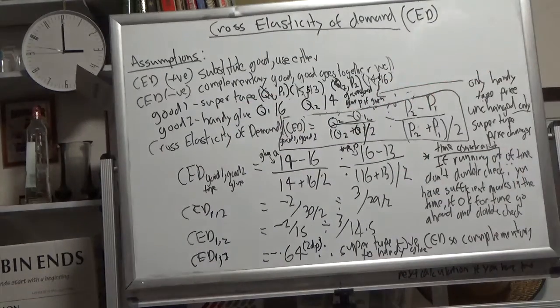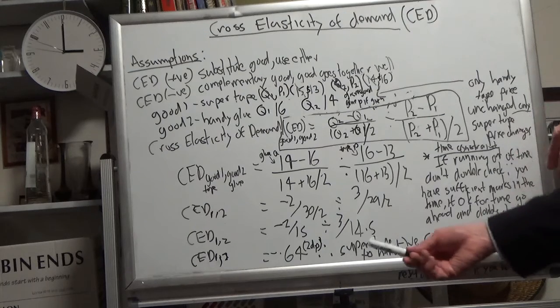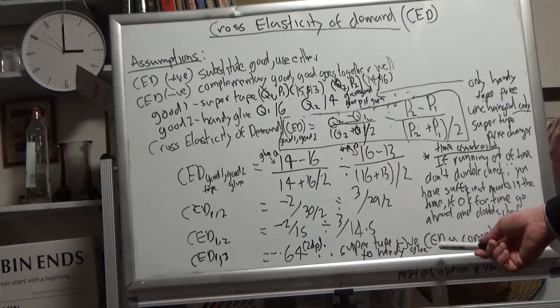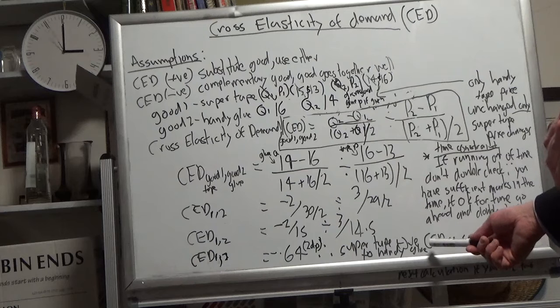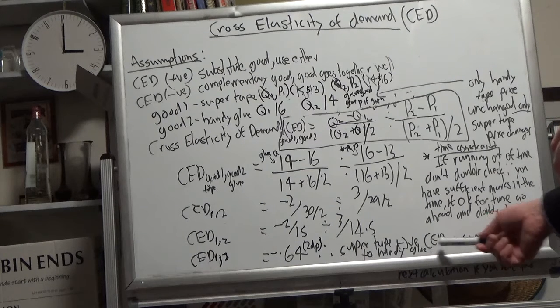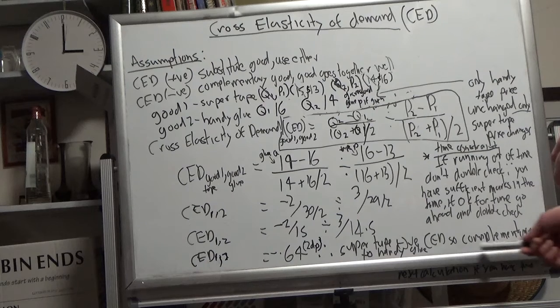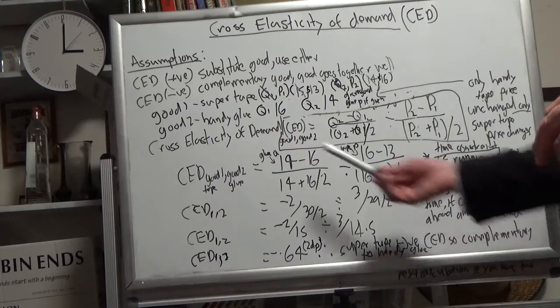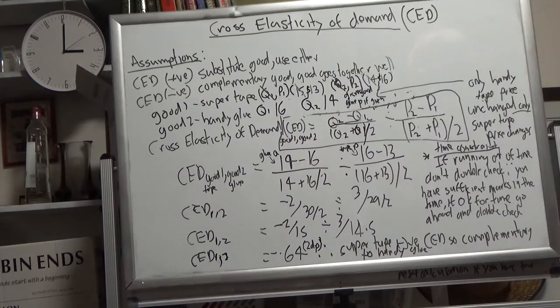So when the price of Super Tape changes, the quantity demanded of the other good, handy glue, is favourable for complementarity. So that means that both Super Tape and handy glue are complementary goods, okay?